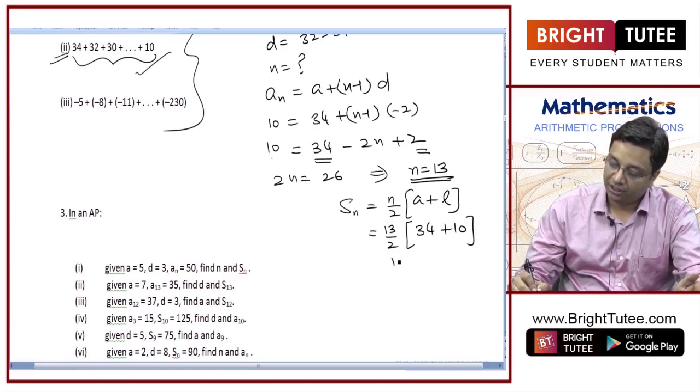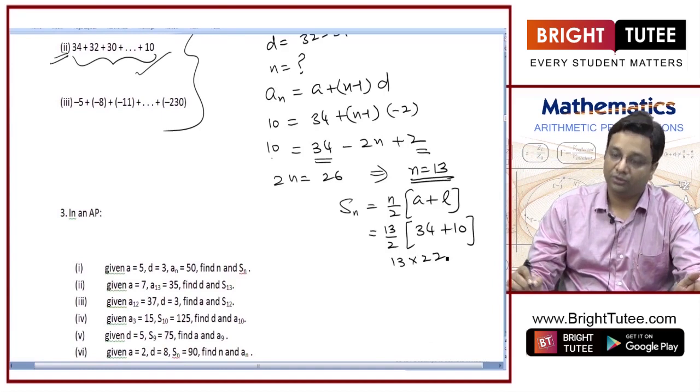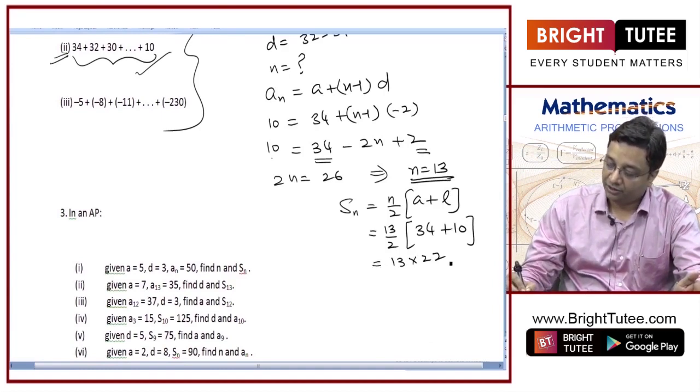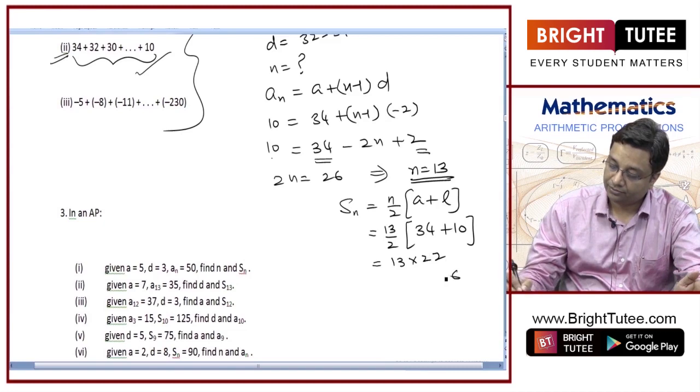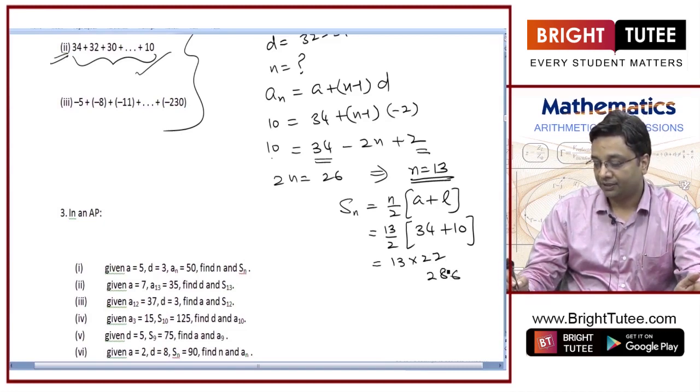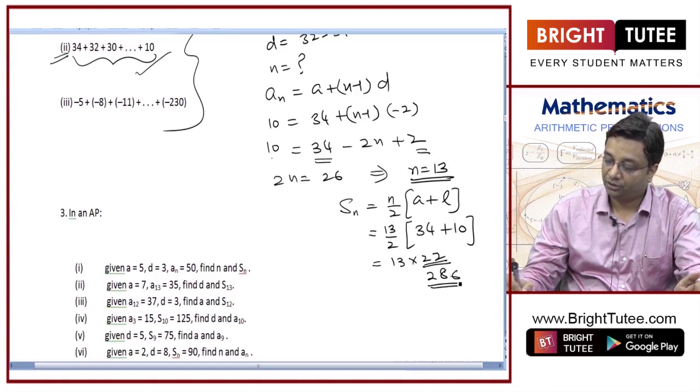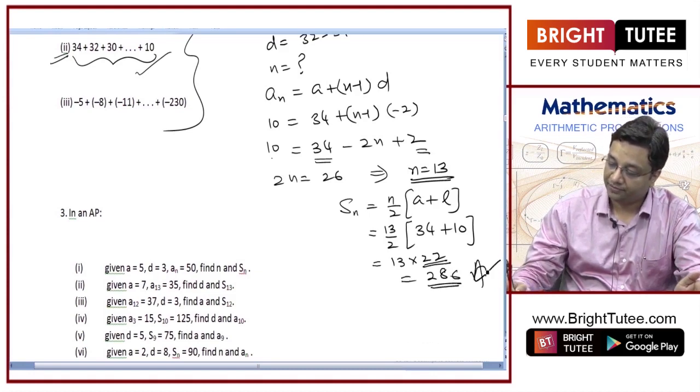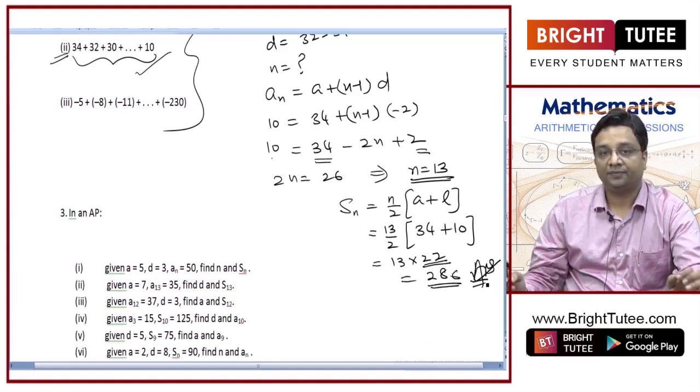So, I just have to multiply 13 by 22 to get the answer, which is equal to 286, right. 220 plus 66, which is equal to 286. Yes, this is your answer for this question, right.